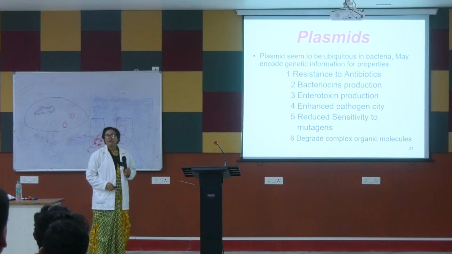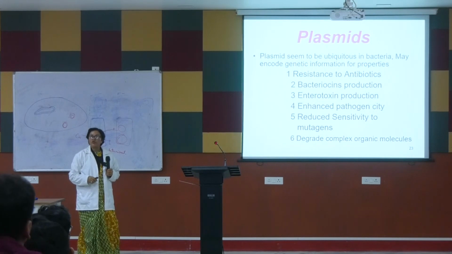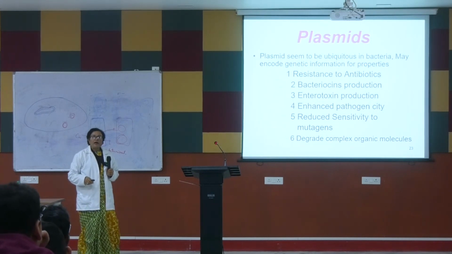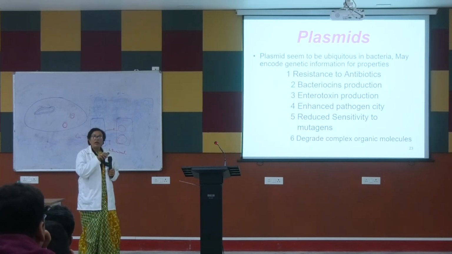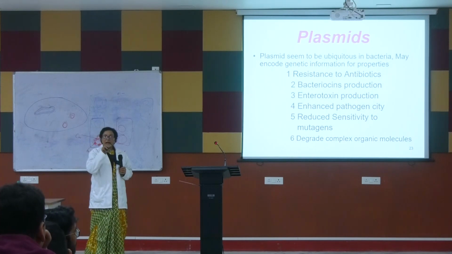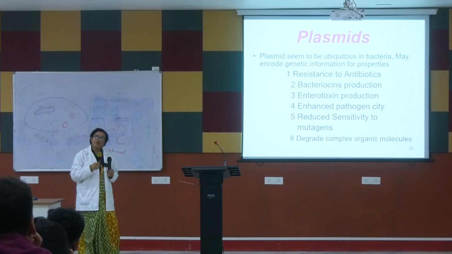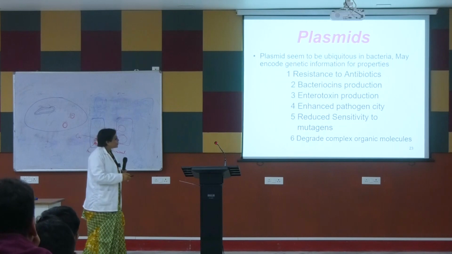What is bacteriocins? Bacteriocins are antibiotic-like substances produced by the bacteria, and when it spreads around, the other bacteria may be killed by this bacteriocin. So when a bacteria in a body produces bacteriocin, other bacteria may die from it, just like antibiotic, that is called bacteriocin.